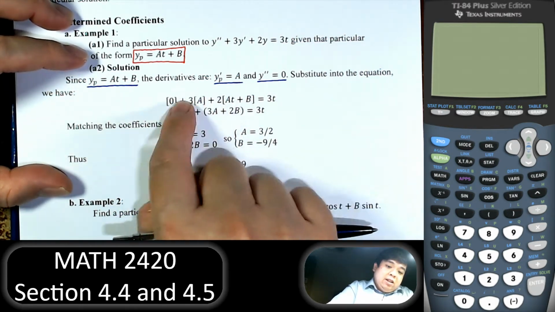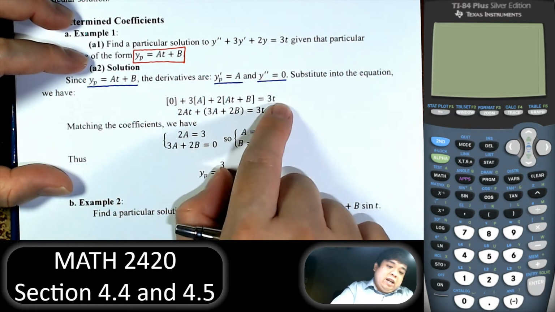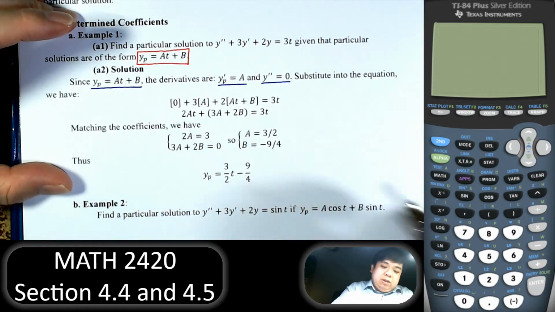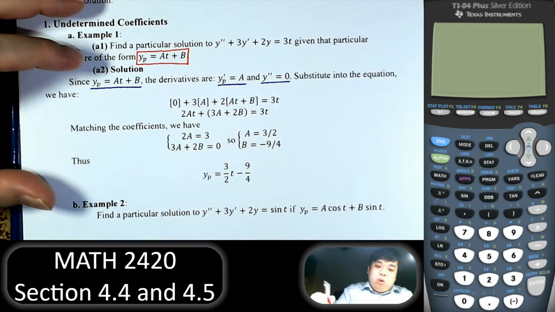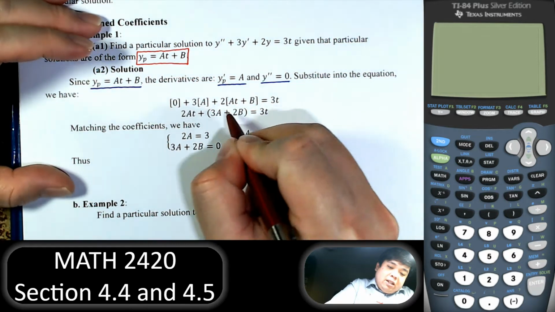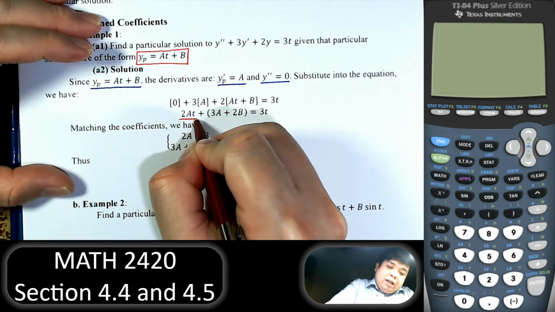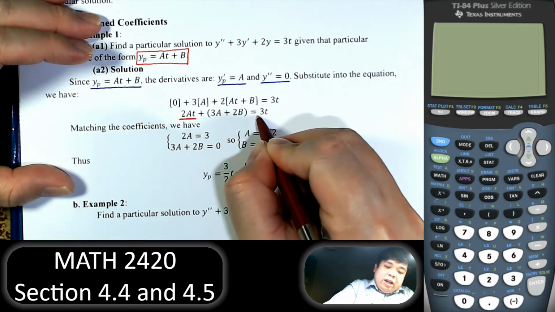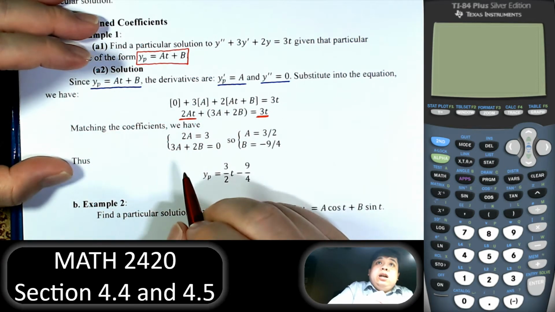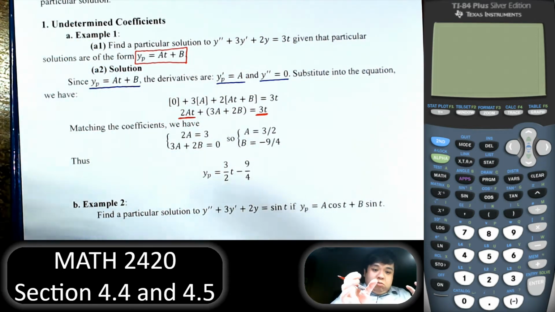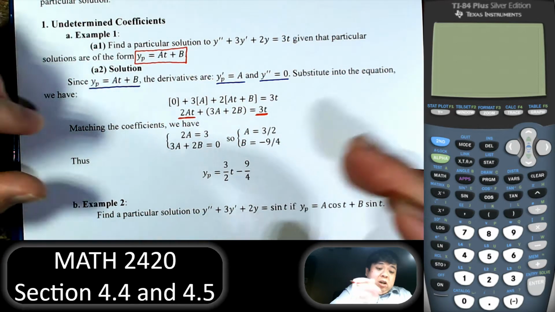All of the left-hand side must be equal to 3t on the right-hand side. Multiply it out, and then we match the coefficients. On the left-hand side, we have 2at. On the right-hand side, we have 3t.